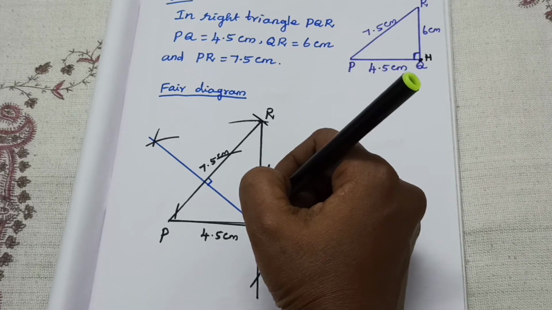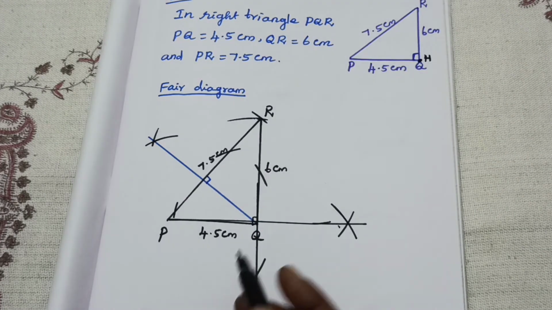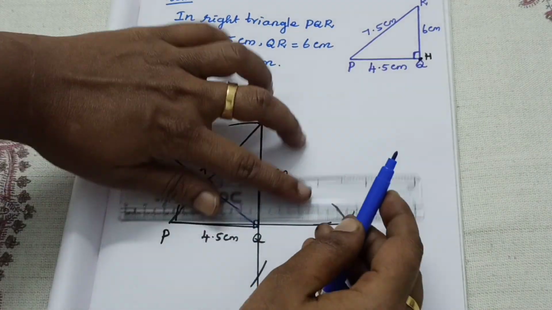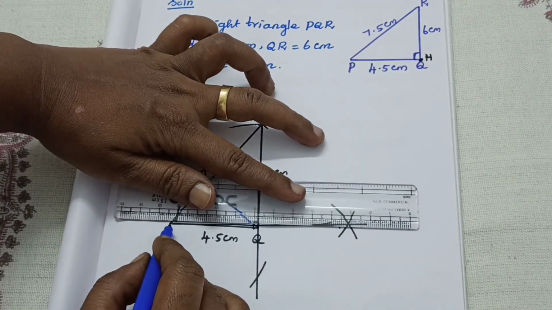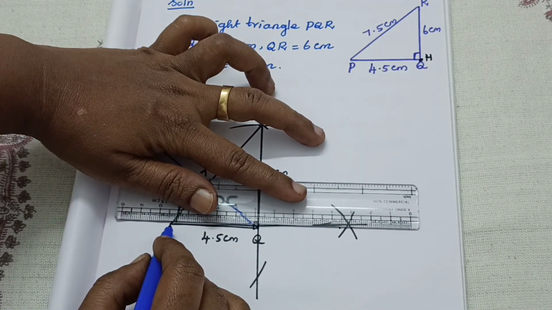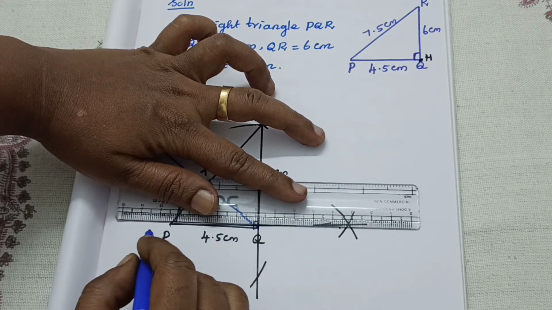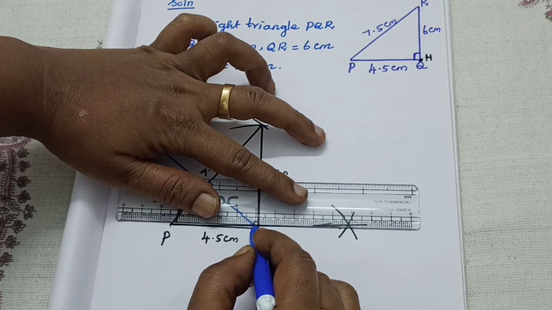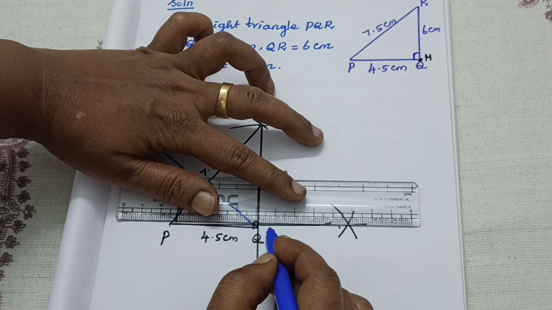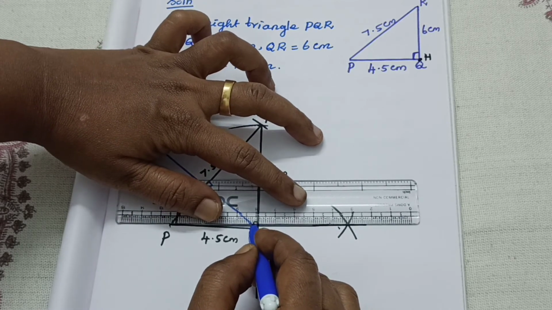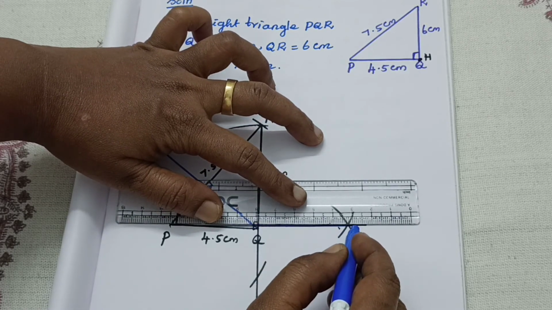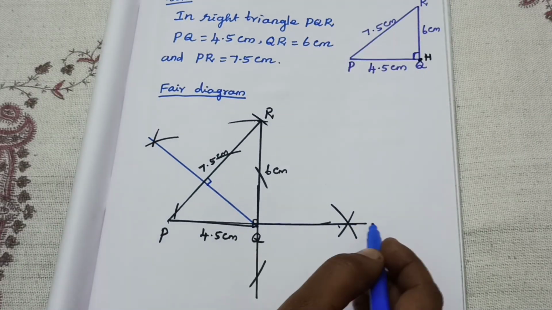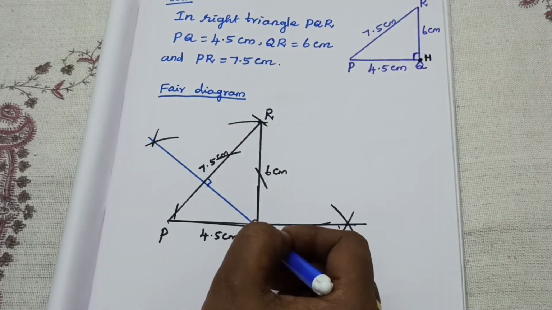This is 90 degrees. This is one vertex. Then from P as the vertex, from P we have to draw the altitude. Okay, then this is the altitude. Understood? This is one of the altitudes. Then this one also is an altitude.